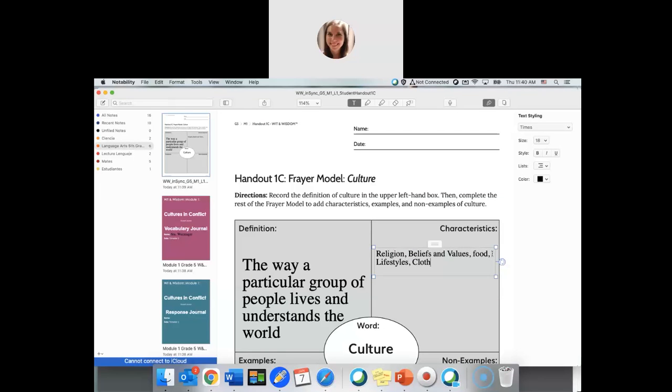It might include beliefs and values. I need another box. So it might include religion. It might include beliefs and values.